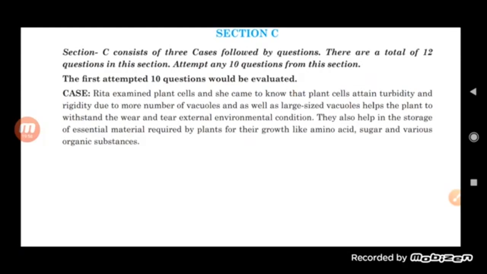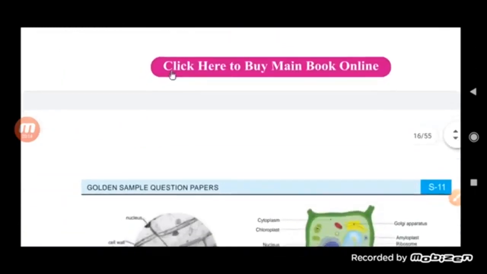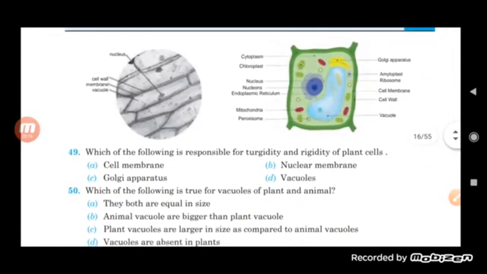This also helps in the storage of the essential material required by the plant for their growth, like amino acid, sugar, and various types of organic substances. So student, this is a kind of case. Now let us see what different questions can be asked with this.